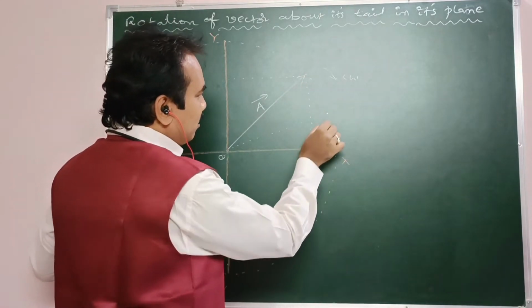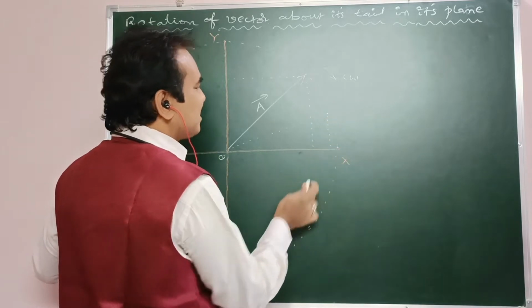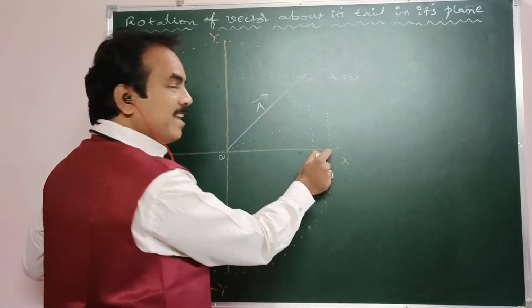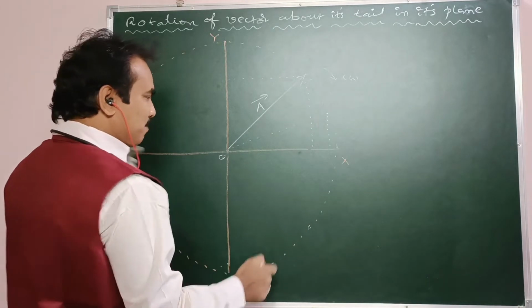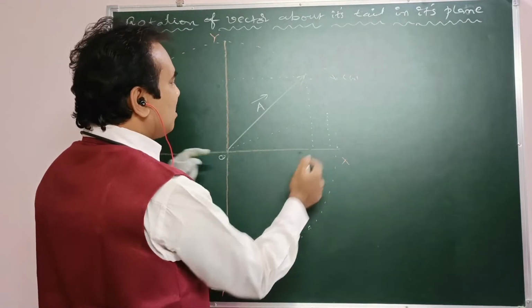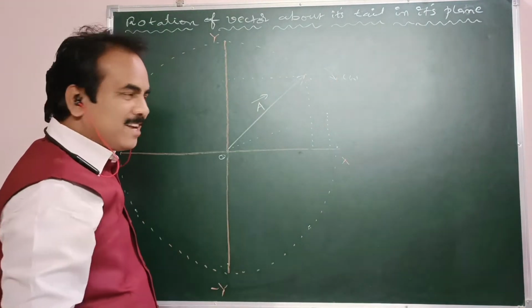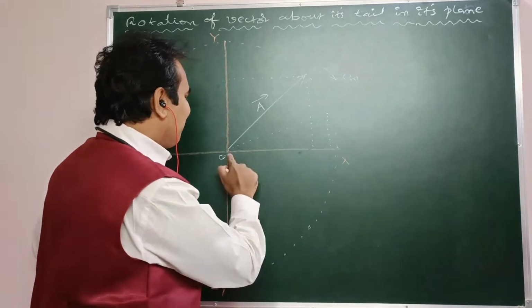Now if I take normals from the tip of the vector, one is on the x-axis. What happens? Does the x component increase or decrease? The x component increases. Previously, this is the x component. Now this is the x component from the origin. So, as far as clockwise rotation is concerned, the x component increases from here to there.